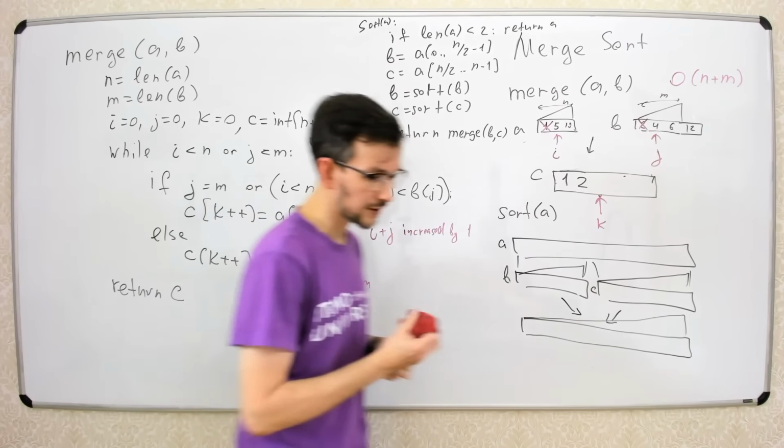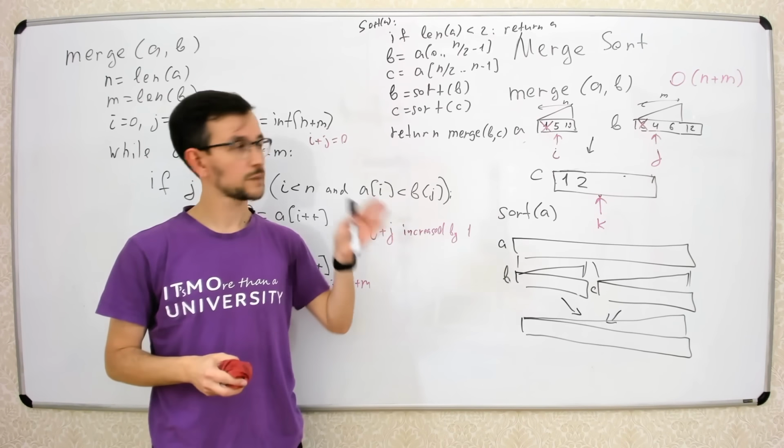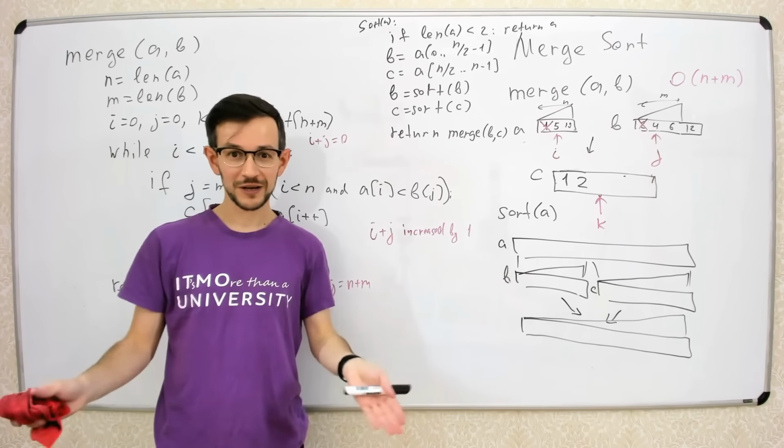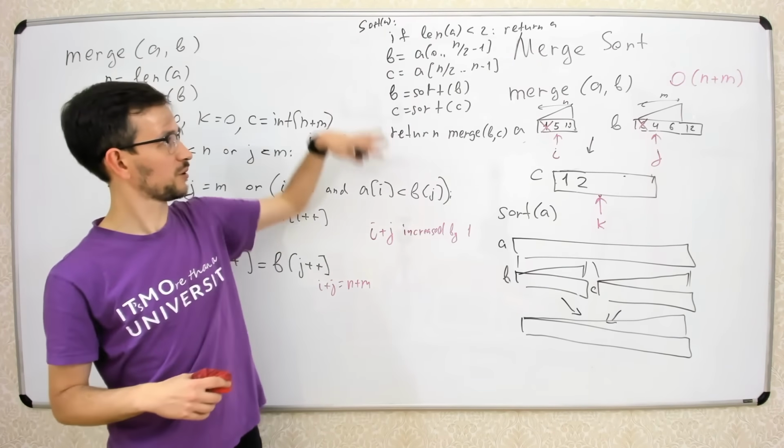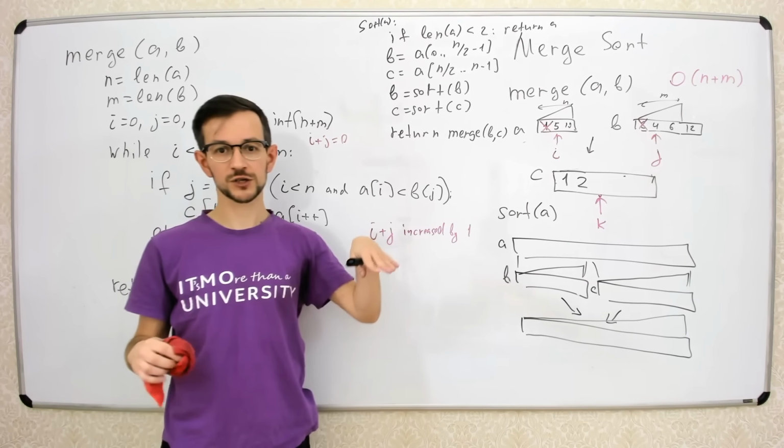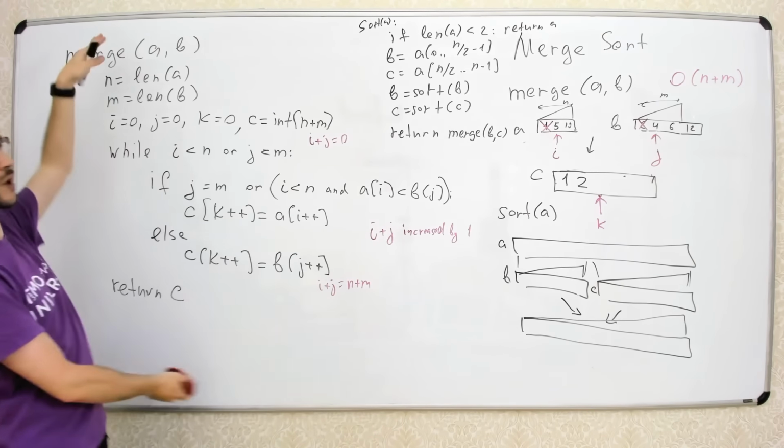Good. And final thing, let's calculate the time complexity. Now, using all we learned today, we need to calculate the total number of operations of all these recursive functions together.